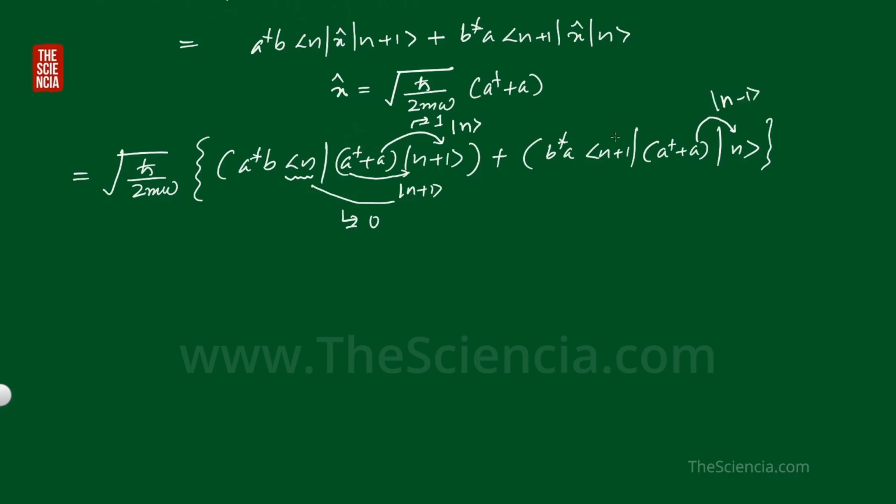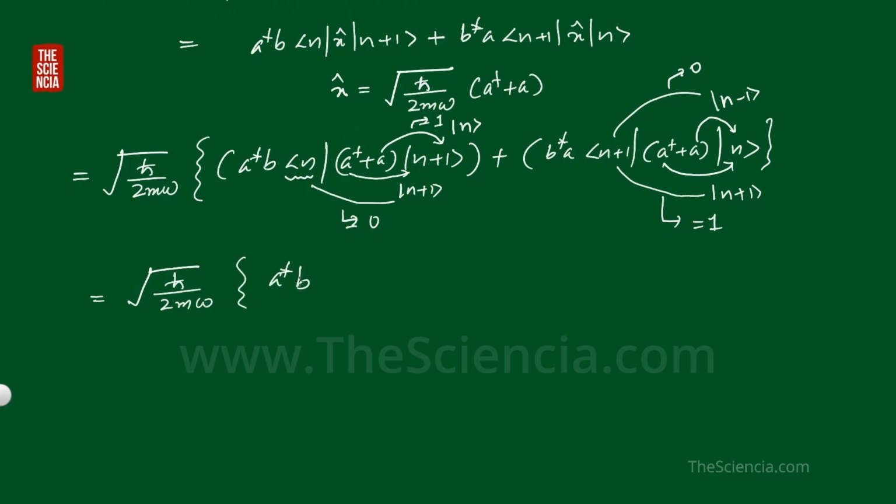And the scalar product of these two is equal to 0, because these states are different. And if we take a dagger on the state, then we will get a state ket n plus 1. So taking the scalar product of these two states, we get 1. Therefore we get root h cross by 2m omega a star b.